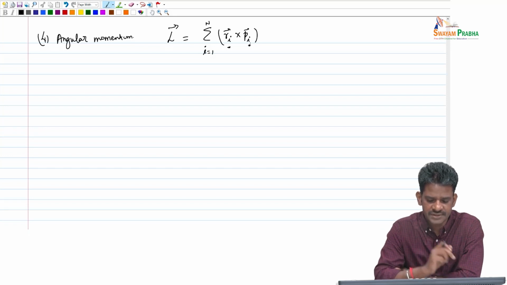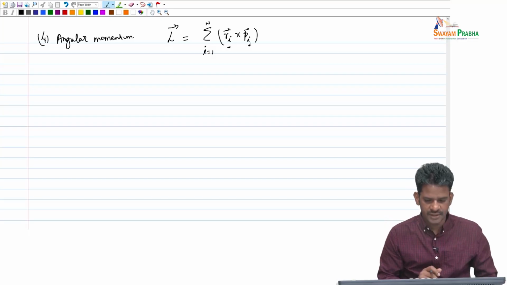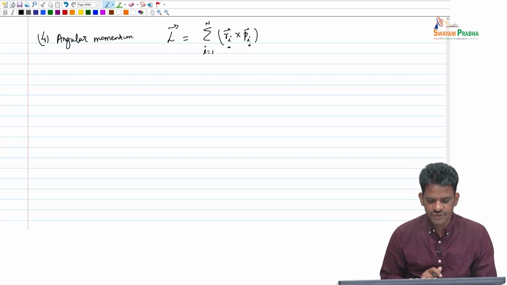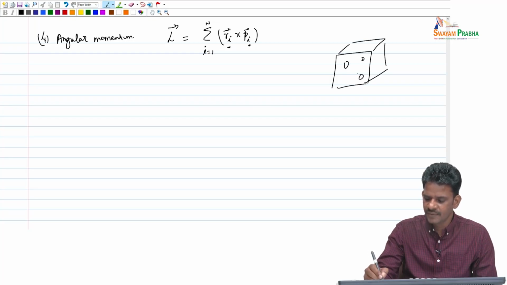Now the question of whether this angular momentum is preserved in the simulation is something to be checked. Again, like we said before, in the system of n particles we have no external force. Similarly, there is no external torque acting on the system.